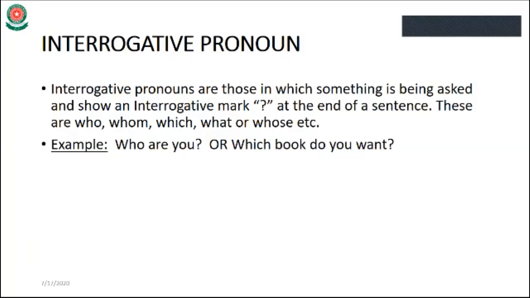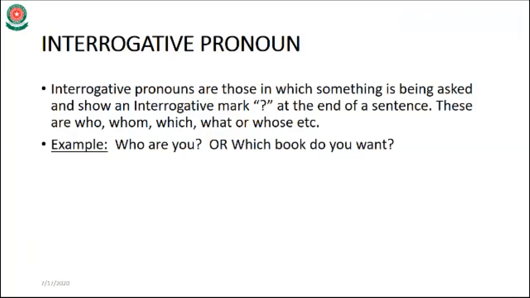This is a question. You see in this example the question mark lies at the end of the sentence. तुम कौन हो? This is a question. So Who are you? comes in interrogative pronoun.